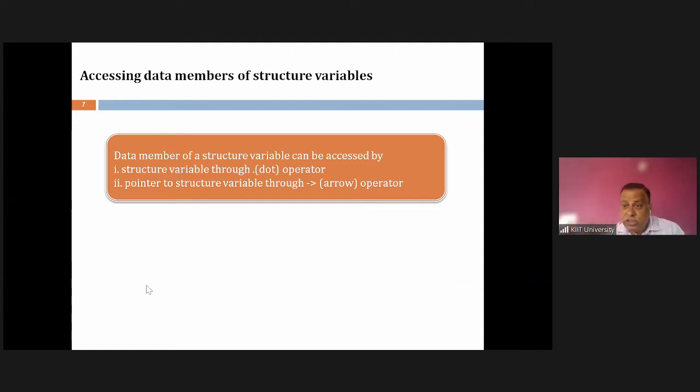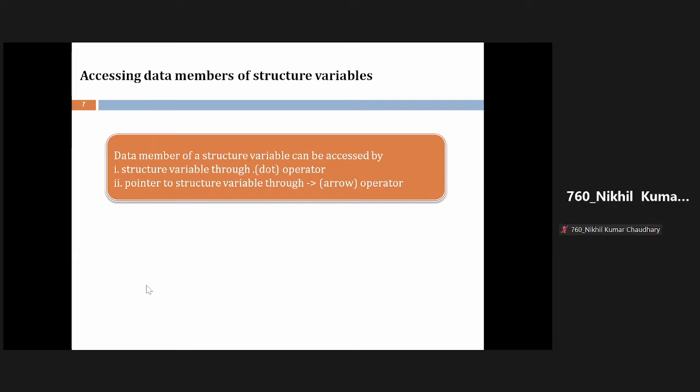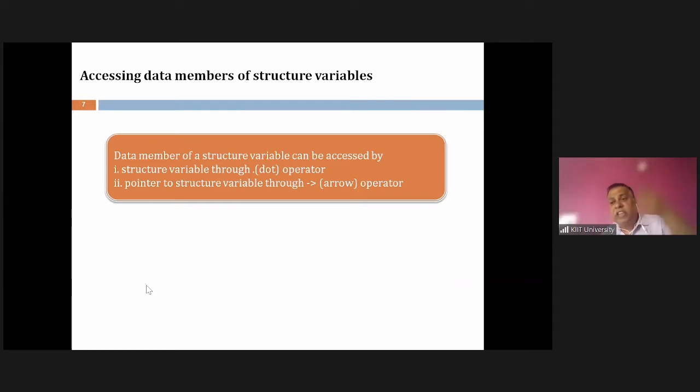The dot operator is used to access the data member if the variable is a simple variable. If the variable is a pointer variable, which is the address of a structure, we use the arrow operator. I'll give examples.